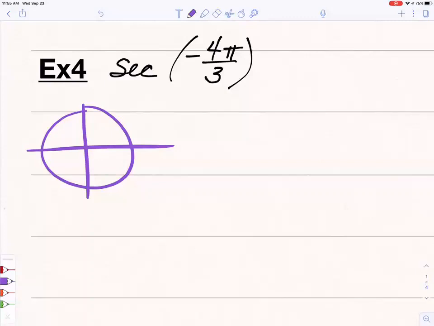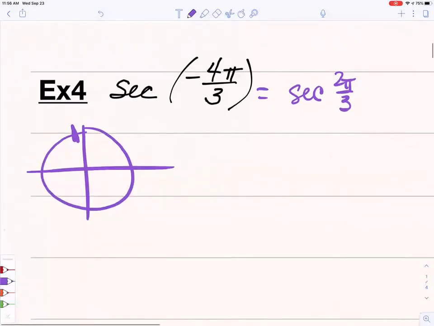Yeah, it's coterminal to 2 pi over 3. Okay, what's the coordinate at 2 pi over 3? Good. How will I go about finding secant?